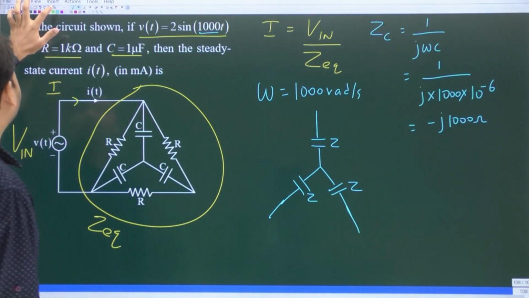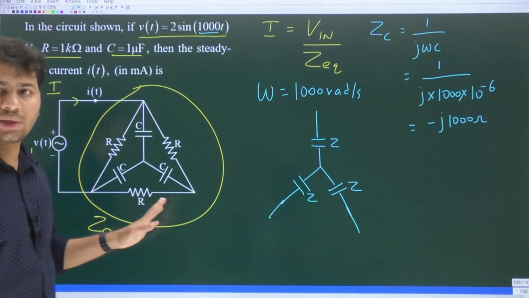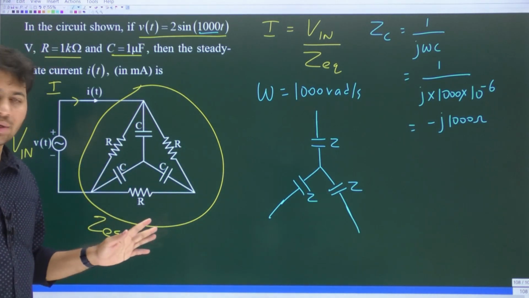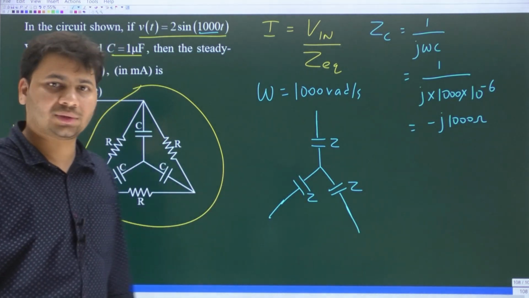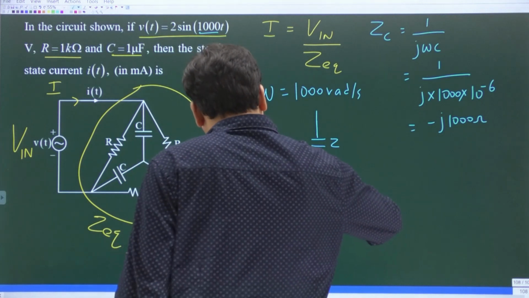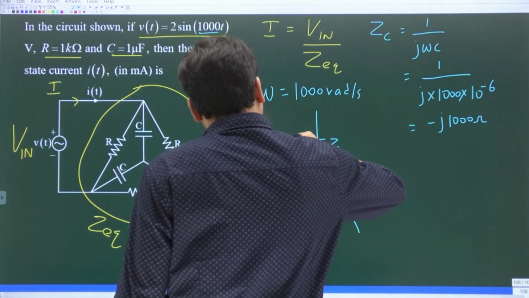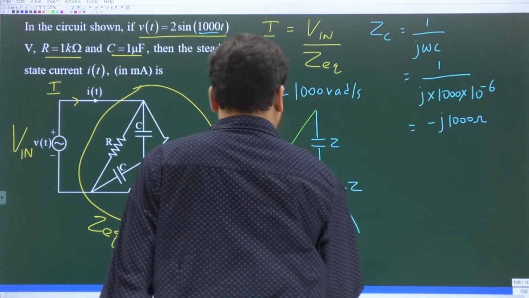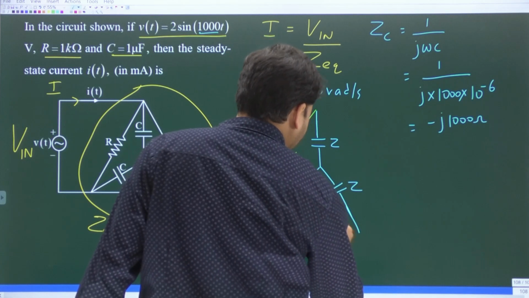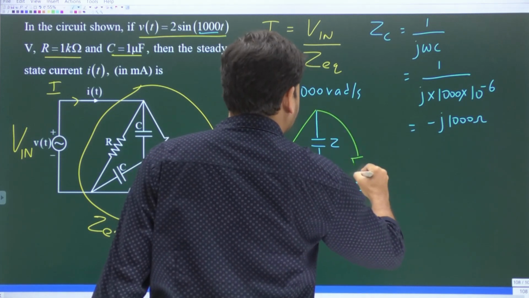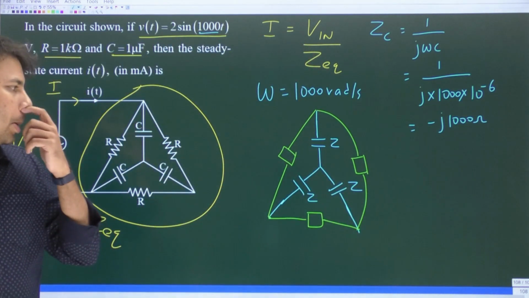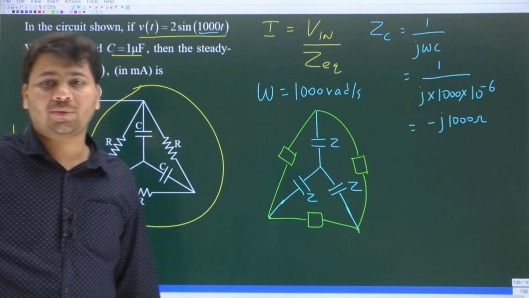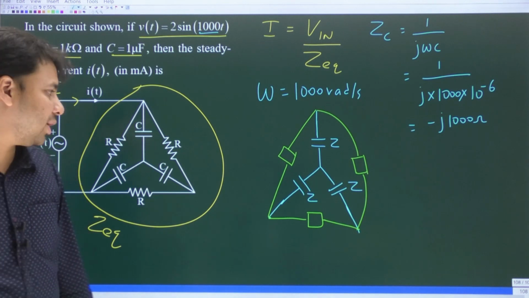Right now we are not focusing on resistors, only on the 3 capacitors connected like this. I will replace the star connection of the 3 impedances with a delta network of another 3 impedances.